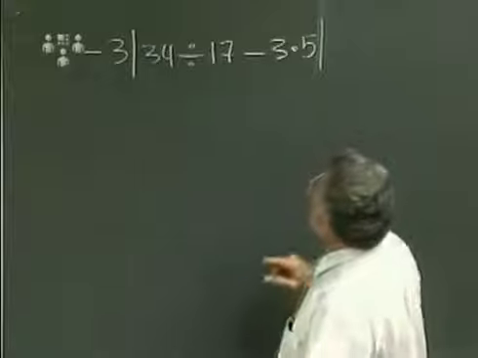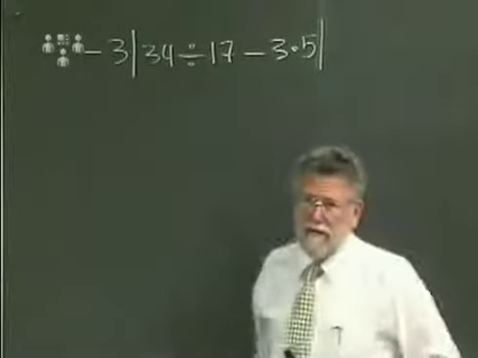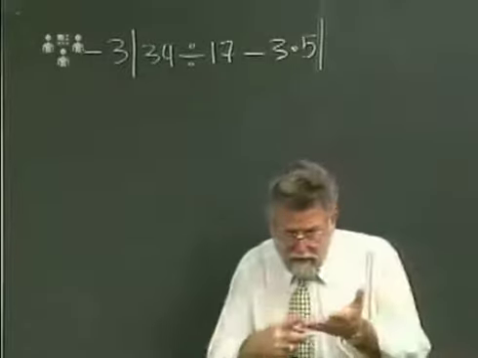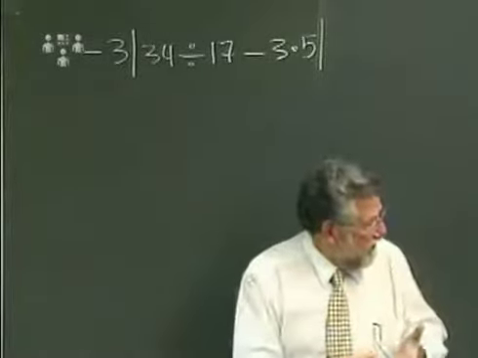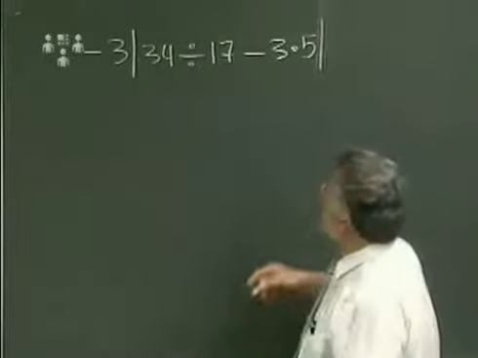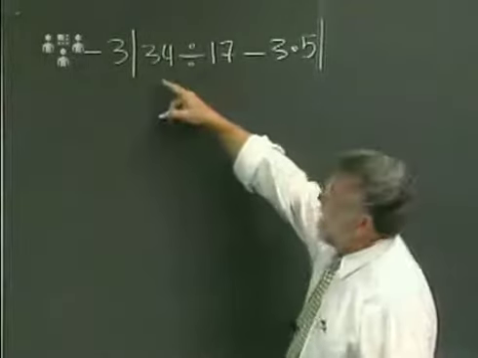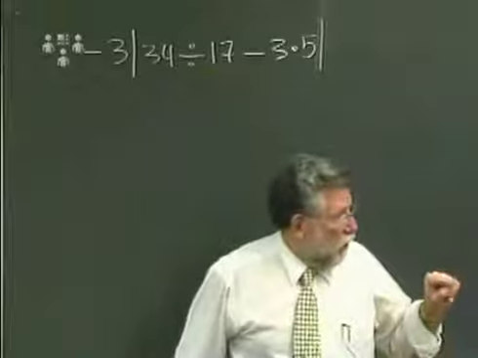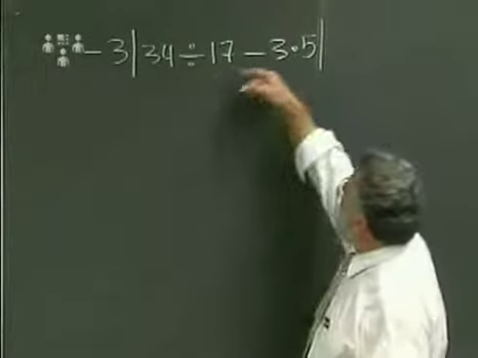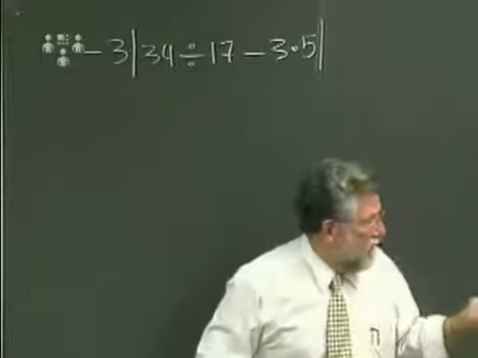Okay, now the question, what do I do first? Go inside the bars. Now, that's different than a brace, a bracket, a parentheses, but it's still a grouping that's provided. So we go inside the bar, and now what do I follow? Order of operations. So I'm going to do multiplications and divisions in order given first.